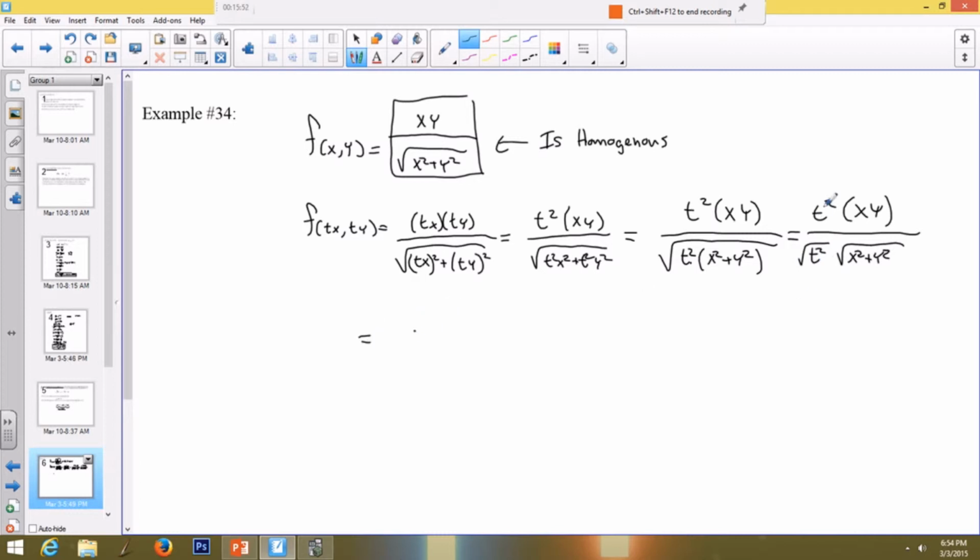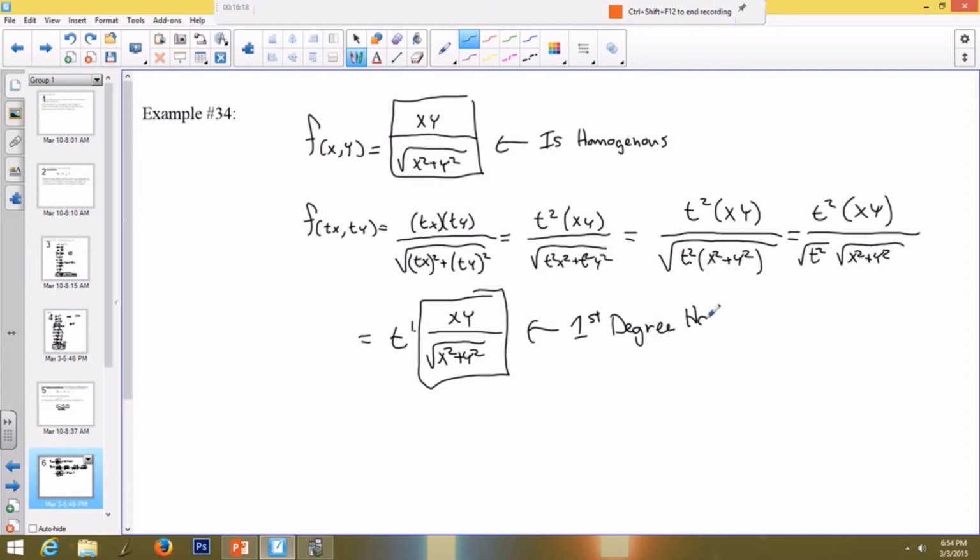So, just to skip a step to keep moving, I've got t squared divided by t is just t to the first times xy over the square root of x squared plus y squared. So I have my original equation out. So this is homogeneous. This is a first degree homogeneous equation, and it's first degree because it's t to the first. If we would have done all of our factoring and had a t to the second, it would be second degree, or a 3, it's a third degree. All right, moving on.